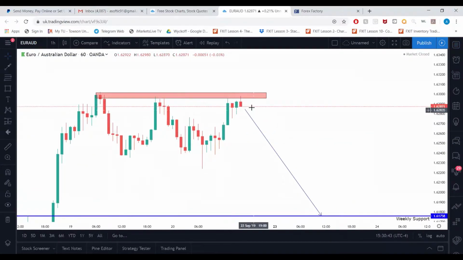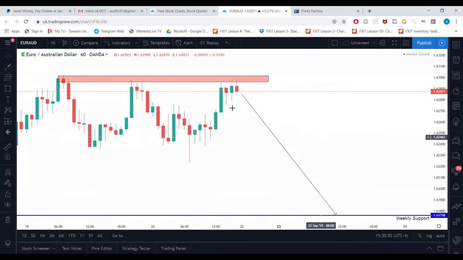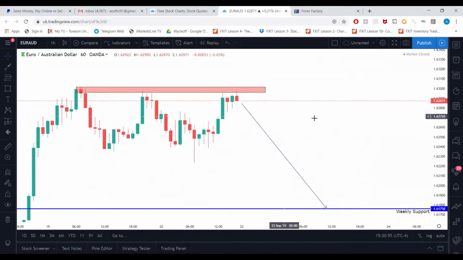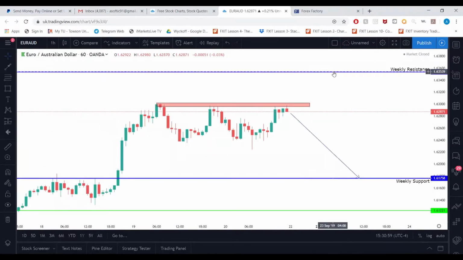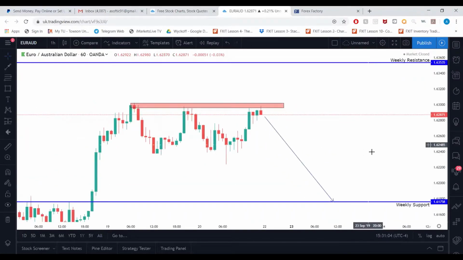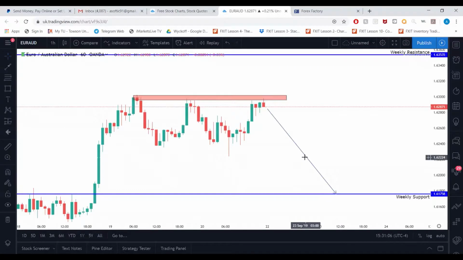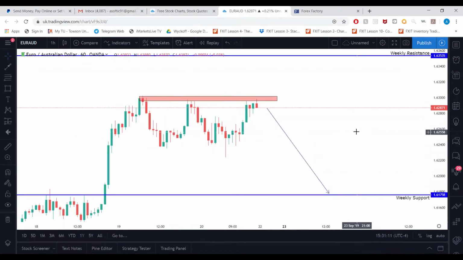I just need to see what candlestick formation would happen in the first 2 hours of the market opening for me to determine if I'm selling this or if we're gonna wait for it to reach this resistance and then sell it from there. But it does look like it will come back down to give us this retest of a weekly support, because it's trapped in this zone, three touches on it.